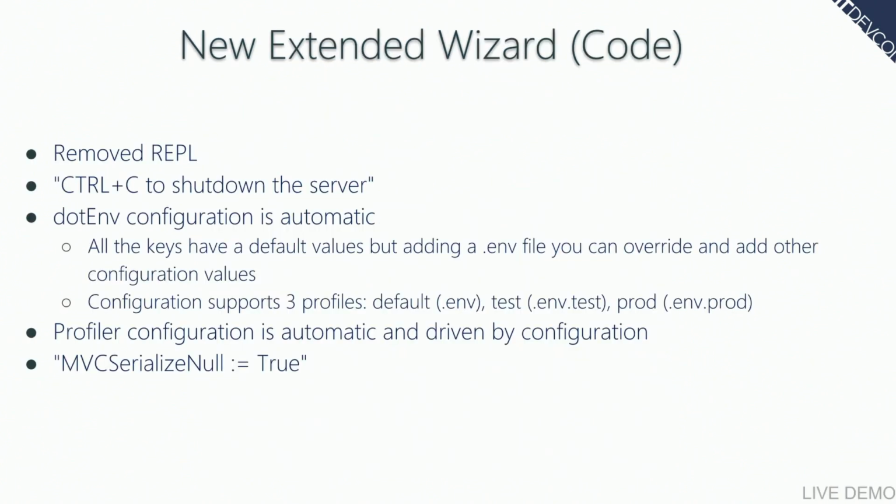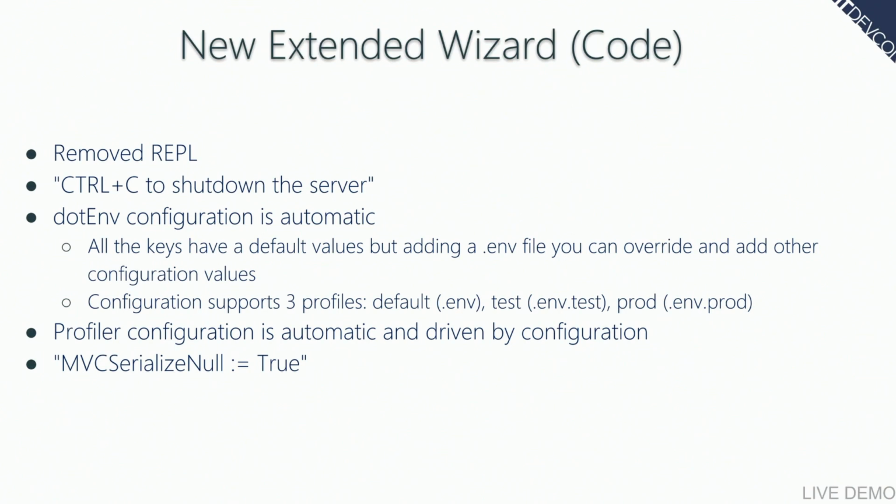About the code generated by the wizard, we made a lot of changes. After a survey in the Facebook group, we removed the REPL loop, the read-evaluate-print loop, because more or less no one really used it, so we just keep it simple. Then the generated code asks for Ctrl+C to stop the server.